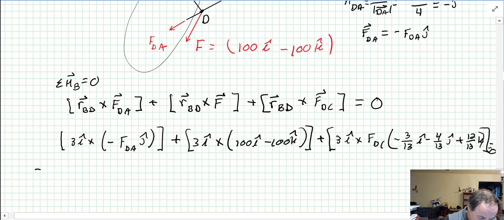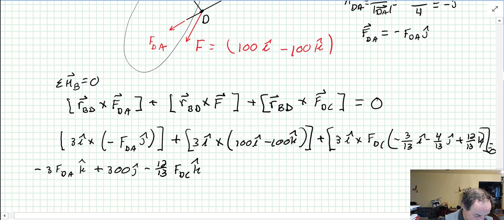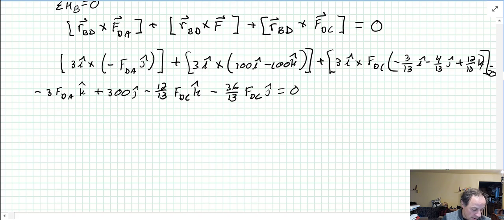You get minus 3 FDA K plus 300 J minus 12 thirteenths FDC K minus 36 over 13 FDC J, and that whole mess equals 0. Okay, again, break this into equations, and note you just have two here. You just have the J and the K. There's no I components.